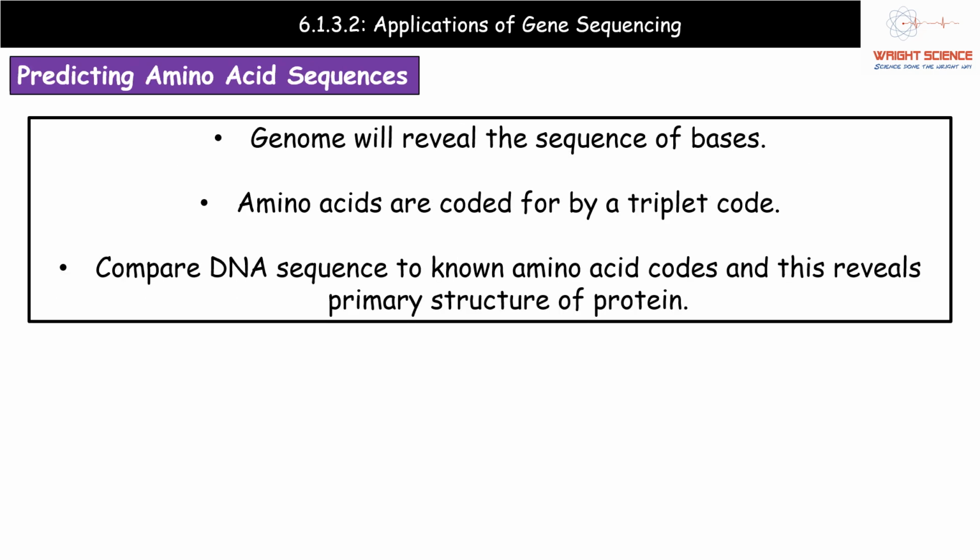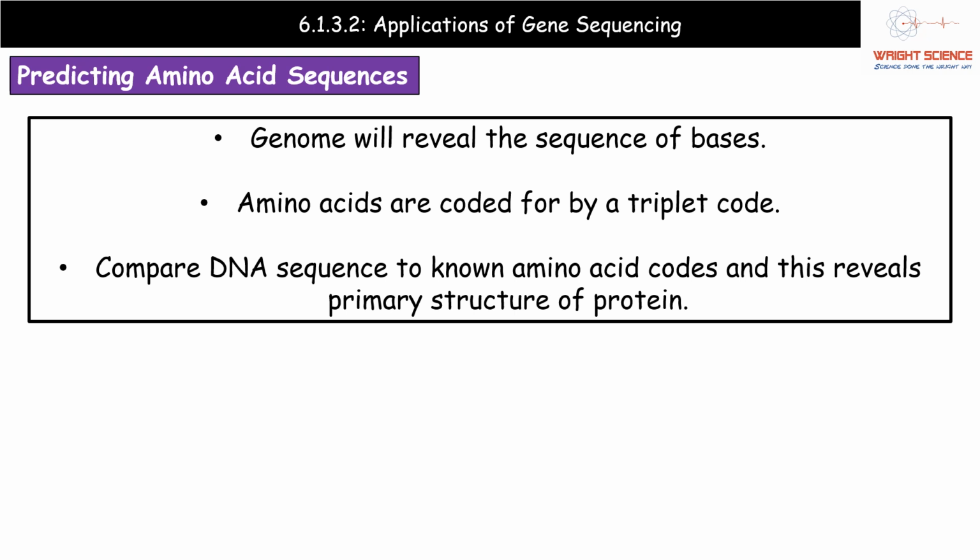The next bit we need to have a look at is how we can predict amino acid sequences. Now, if we've gone through the process of sequencing the genome, then what we have are a sequence of bases. What we also know from our earlier work in Module 2 is that we've got these triplet codons that code for specific amino acids.